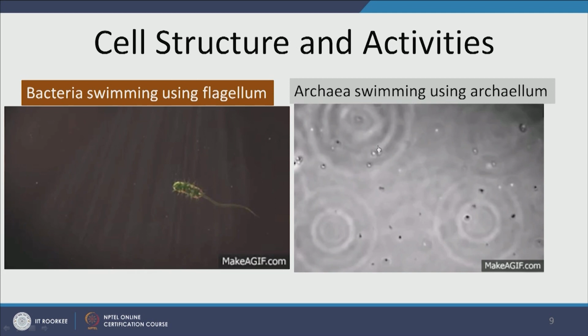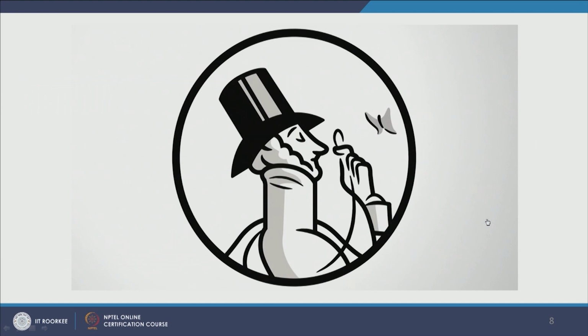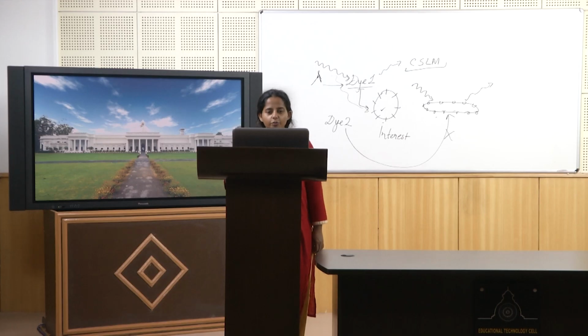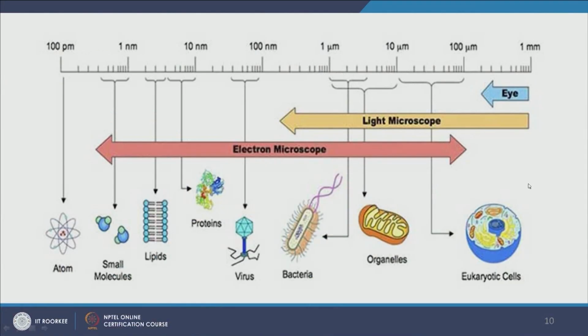And on the right side, we have another picture that captured archaea swimming using their archaellum. These are again beautiful videos that are available online. So making use of all these microscopes, we have had a beautiful insight into the microbial world, and this image gives you an idea of the scale at which this subject dwells.